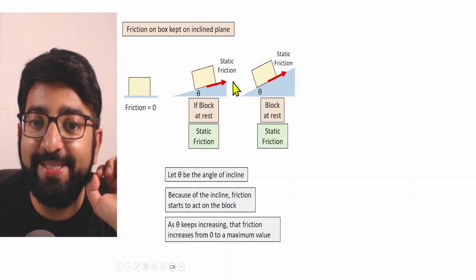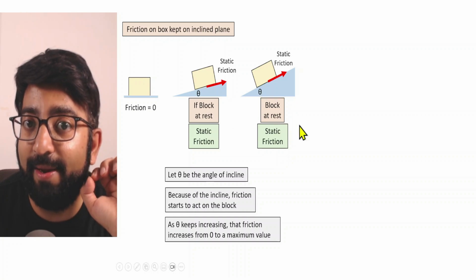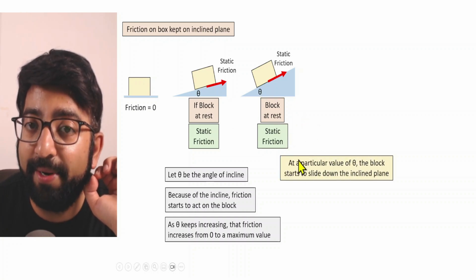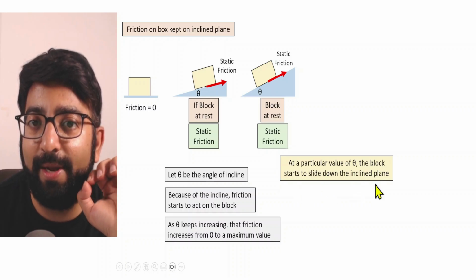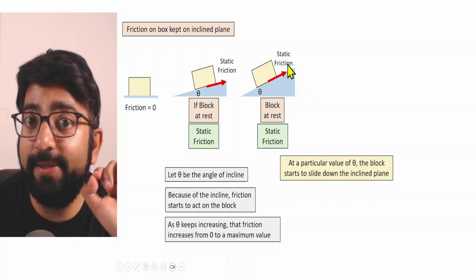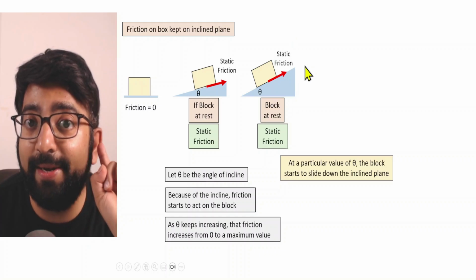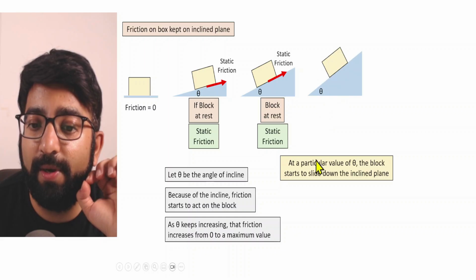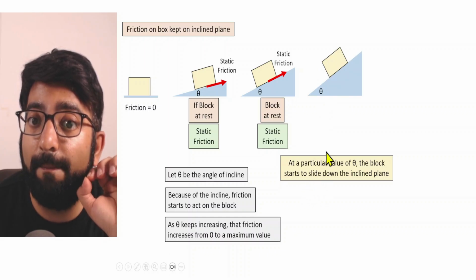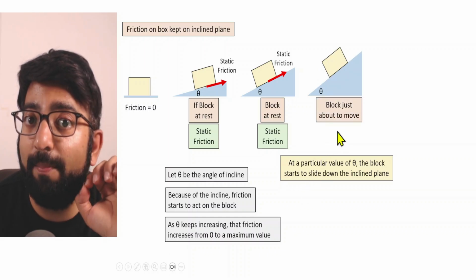So, slowly and steadily, if we keep increasing the angle theta and at a particular value of theta, let's say the block starts to slide down the inclined plane, then the friction will reach its maximum value, which is called the limiting friction. So consider this case, theta is that angle of incline when the block is just about to slip. So the block is just about to move.